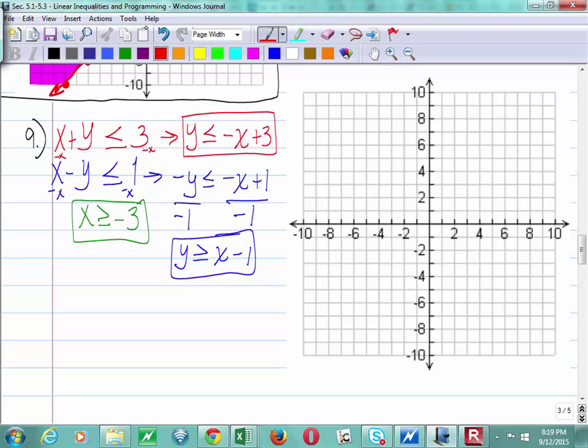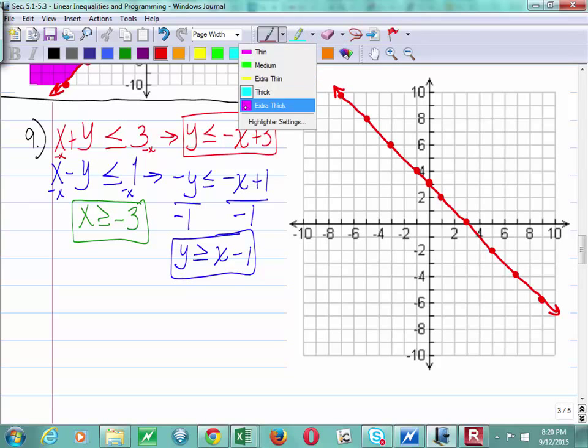Okay. So first one has the y-intercept at positive 3 with a slope of negative 1. Okay. And it's or equal to, so we're using a solid line. And it's less than.